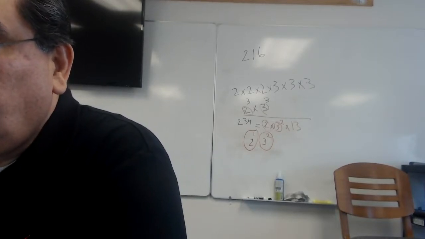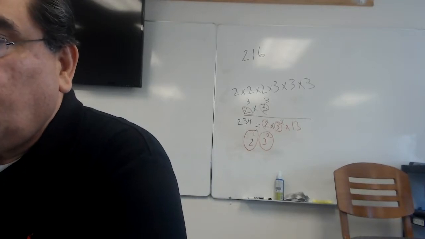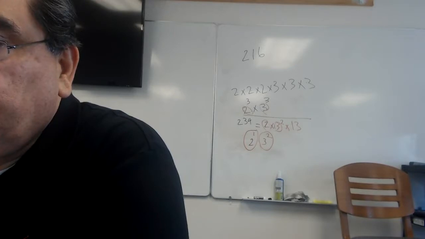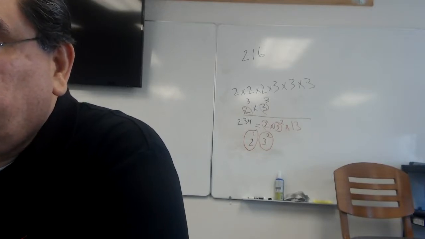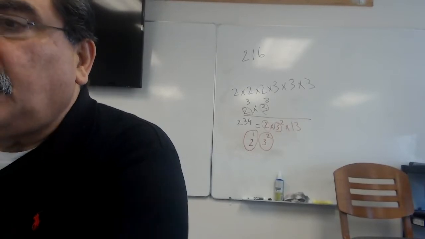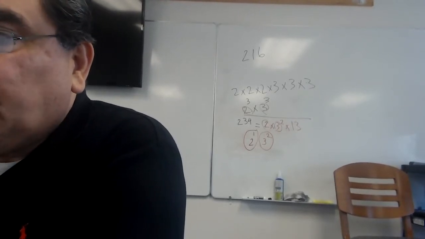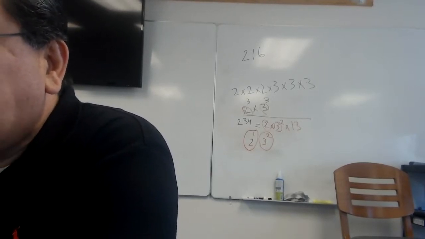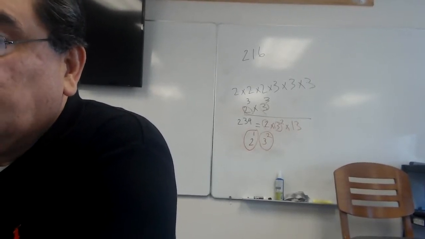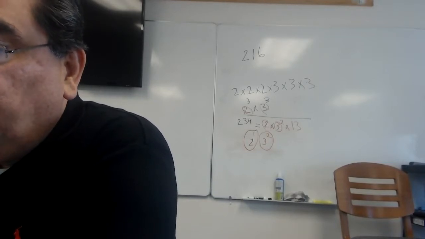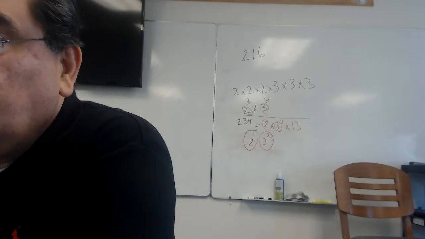with our PowerPoint. The greatest common divisor of a set of natural numbers is the largest natural number that divides every number in that set. That's how we found it for 12 and 18, which was number 6.